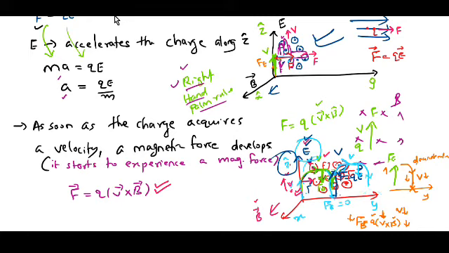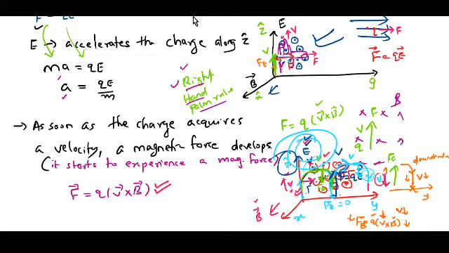When the charged particle reaches this position, the velocity v is against the applied electric field. Therefore, the charged particle starts to decelerate. The velocity decreases. Therefore, the magnetic force decreases.